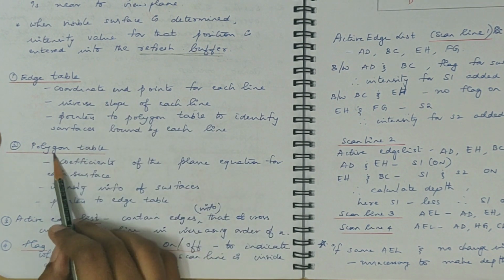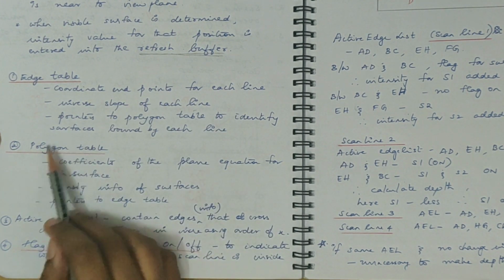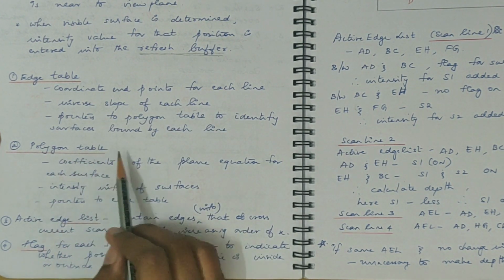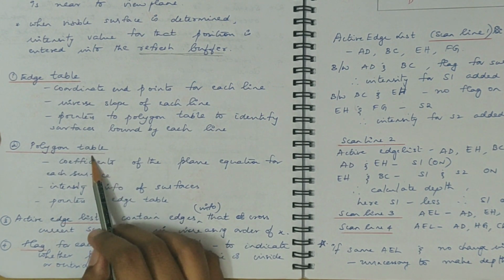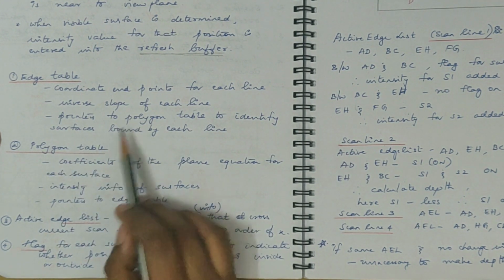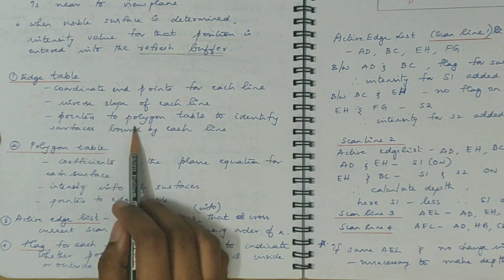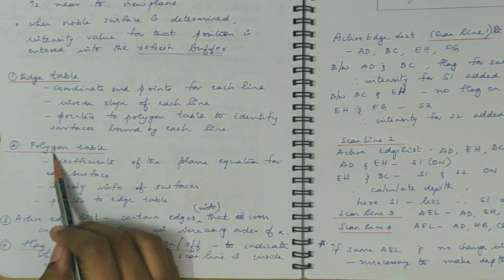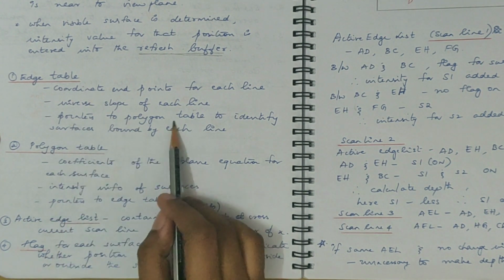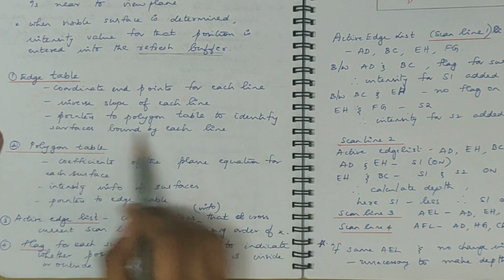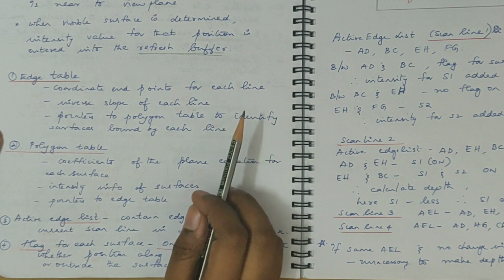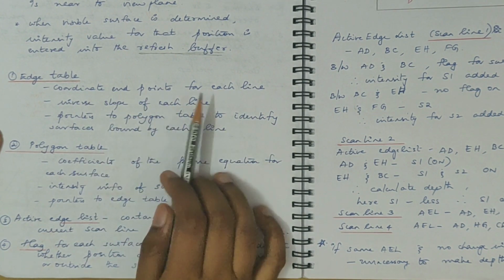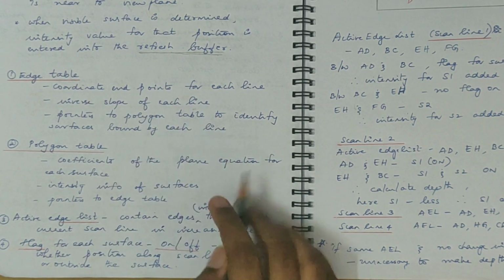You have another table called the polygon table, which stores all the surfaces and their required data. So which edges belong to which polygon, for that you will have a pointer to the polygon table in order to identify the surfaces bound by each line. This information will be stored in the edge table in order to do this process.